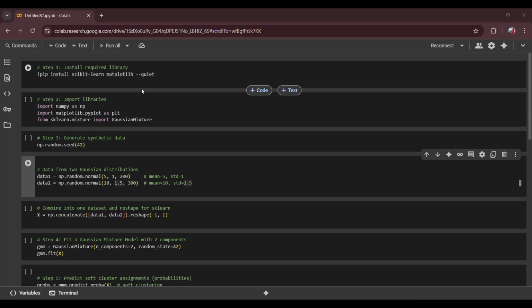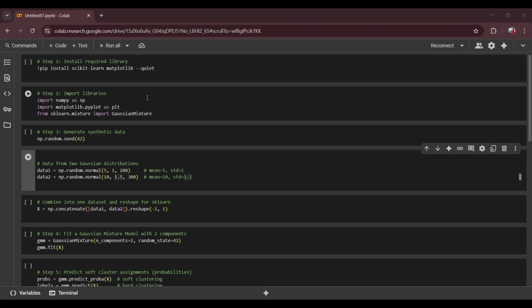Now we'll look into the technical part in this Colab. In the first step, you can see we have installed the required libraries: scikit-learn and matplotlib. Scikit-learn is for the machine learning part, and matplotlib is for visualization. The quiet flag just hides extra installation messages, so our output stays clean.